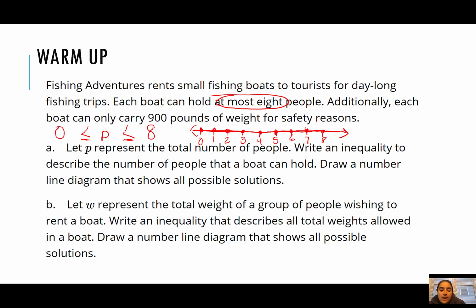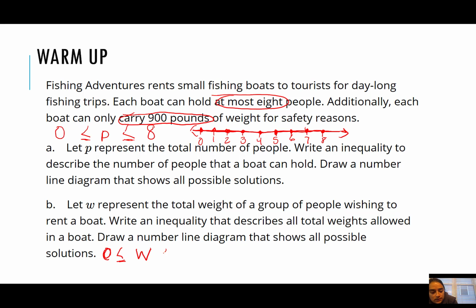Let W represent the total weight of a group of people wishing to rent a boat. So if you weigh something, your weight has to be greater than a number. In this case, 0. You can't have a negative weight. So 0 has to be less than or equal to W. So the weight W has to be greater than or equal to 0, but the boat can only carry 900 pounds.